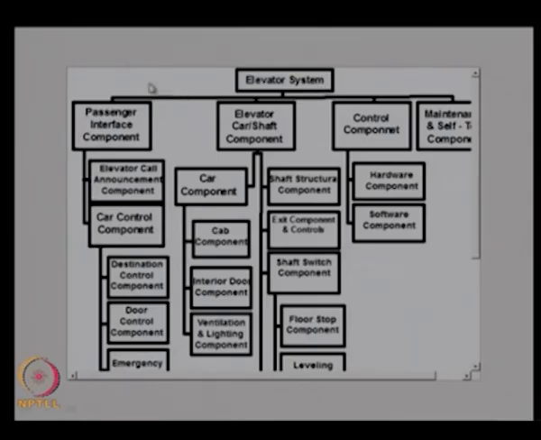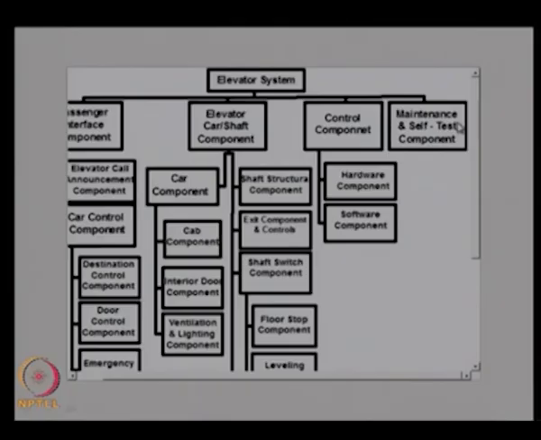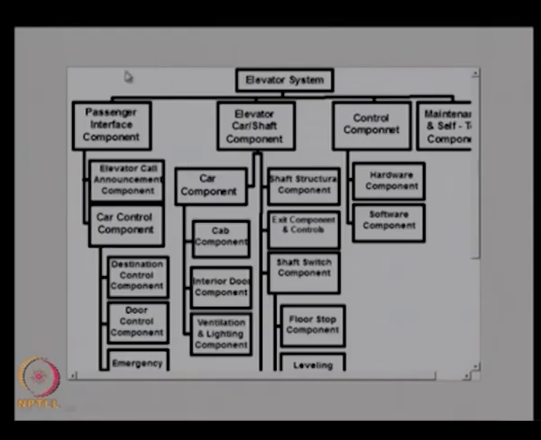Similarly, provide input output interface for the passengers is one of the functions, and here the passenger interface component becomes the generic element. Elevator car or shaft component becomes the generic element for the next function. For control elevator cars, the control component becomes the generic element, and the maintenance and self test component becomes the generic element for maintenance functions. Again, we have not specified any specific control component or elevator car or type of interface here. We just converted the function to a generic physical element.